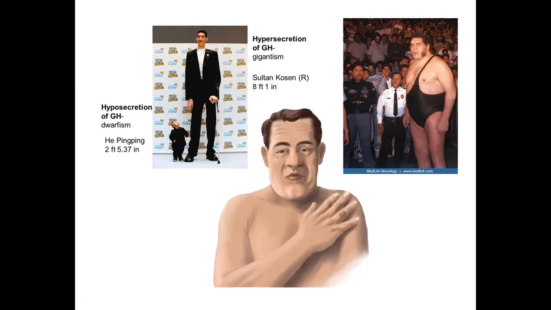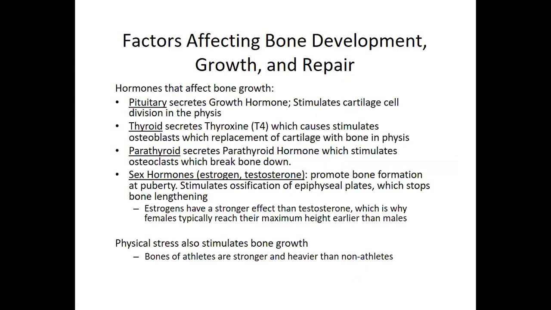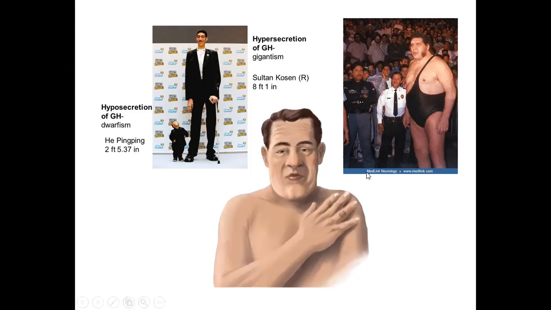And so he developed this telltale appearance of bones that have gotten thicker. So this person is showing you an image of what the typical look of a person with acromegaly looks like. So if you're interested, go ahead in your textbook and look up dwarfism, gigantism, and acromegaly so you can get a better understanding of them.